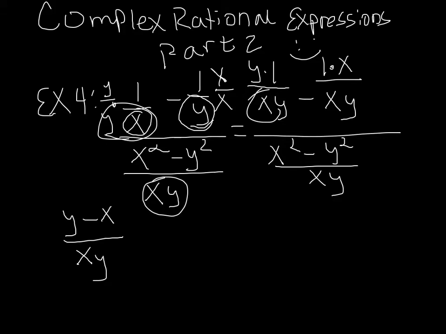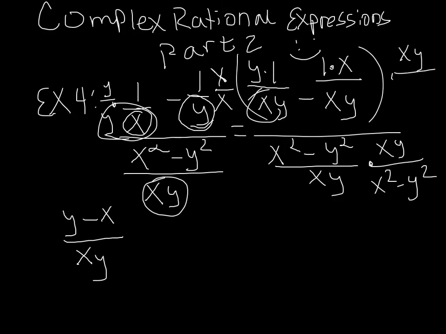I don't know that it's necessary to write it every time you do this, but basically what we are going to do here is multiply by the reciprocal of the denominator to cancel that out. So over here, I have an xy on the top.